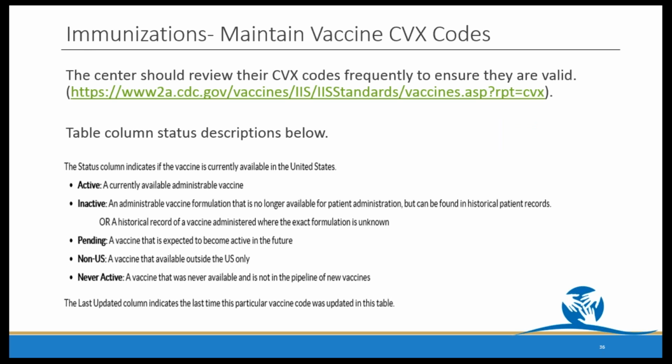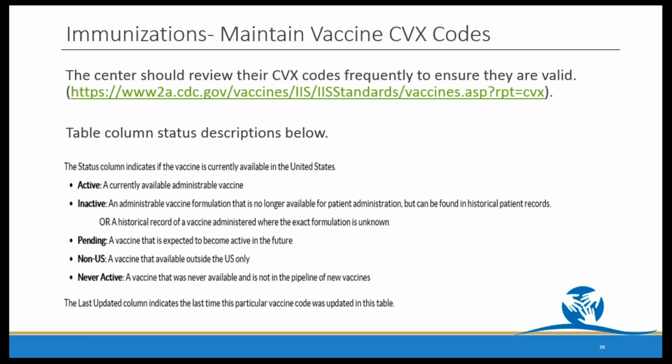CVX codes are the same thing. Making sure that you are always maintaining the active one on your alternate immunizations that you are administering to your patients. Remember, the reported one, we don't care. Once we put that reported one there, it does not matter. It is only for historical reasons.